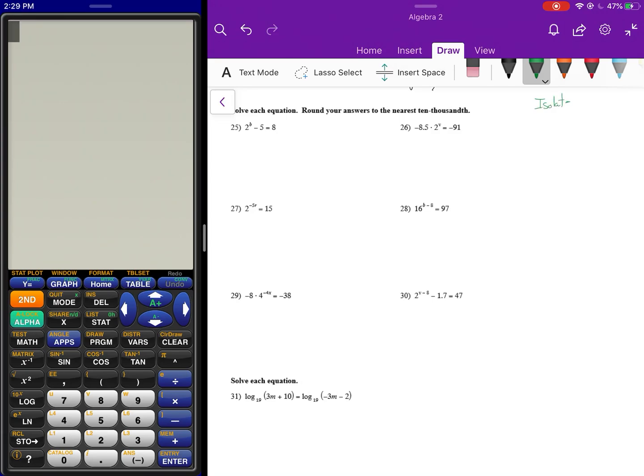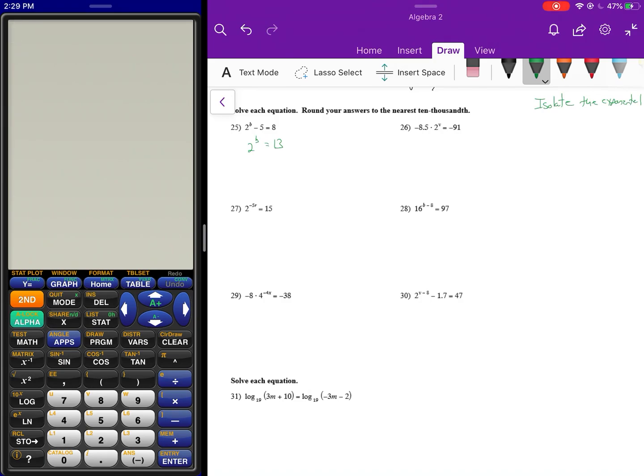So similar to when we did radicals, we want to isolate the exponential. So for 25, that means we're going to add 5 to both sides. So this one would be 2 to the b equals, adding 5 to both sides gives us 13. For number 26, I know we didn't finish 25 yet.